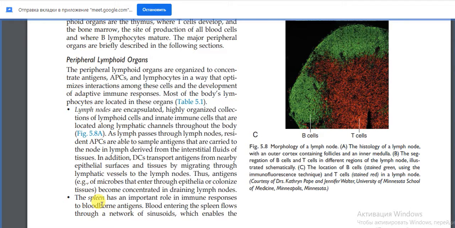In case of sepsis, septicemia or bacteremia, bacteria somehow directly enter the blood, might be by injection, might be by impairment of lymph node function. But anyway, if antigen enters the blood, it is analyzed by the spleen. So sometimes they name it the largest lymph node in the body.